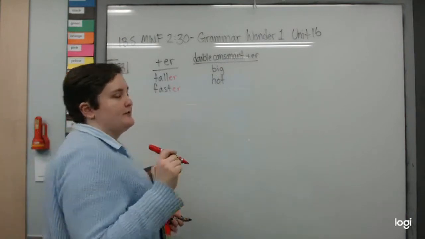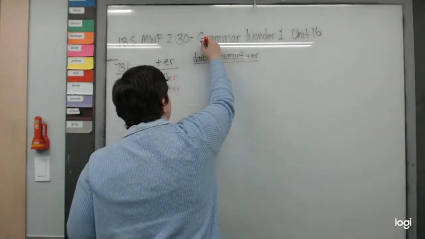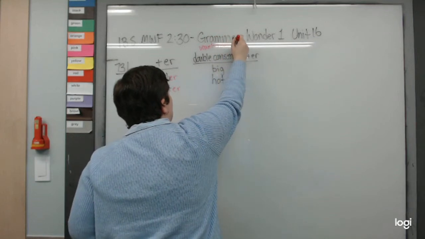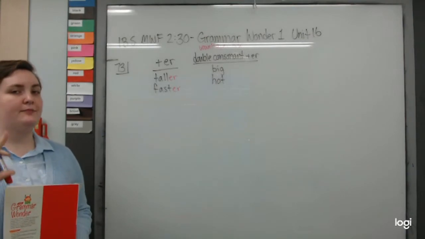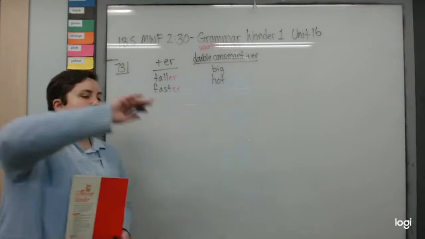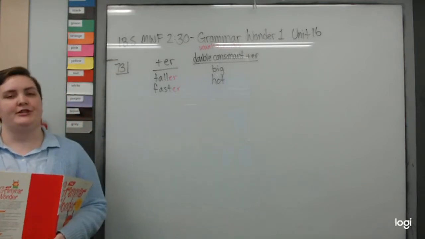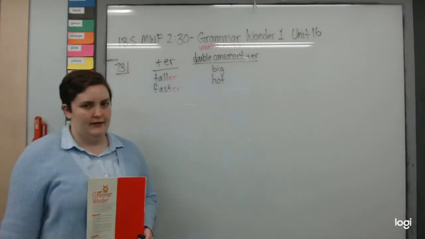So first, what's a vowel? A vowel is A-E-I-O-U. These are special letters. A consonant is every other letter. B, C, D, F, G, H, J, K, and on and on and on. Every other letter.